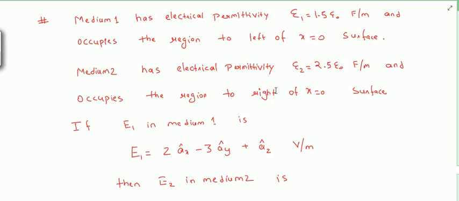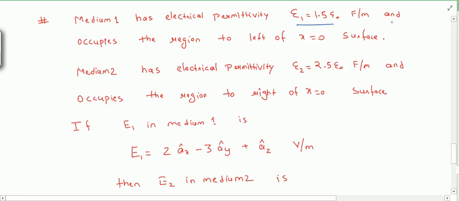Now let us see one question based on the boundary condition. Medium 1 has electrical permittivity, this, and occupies the region to left of x equals to 0 surface. So this is the boundary surface which is given in the question, x equals to 0.